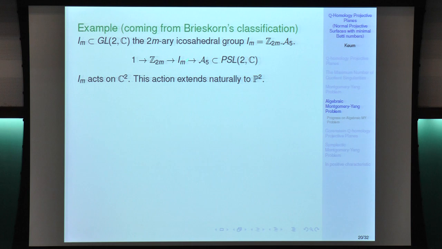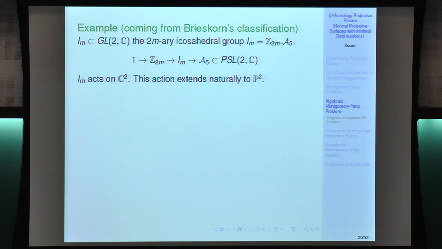And then this group acts on C2, having the origin as the only isolated fixed point. And then the quotient is this singularity, an I_M type singularity. And then you can actually extend this action to the whole P2. So here, C2 is inside P2.